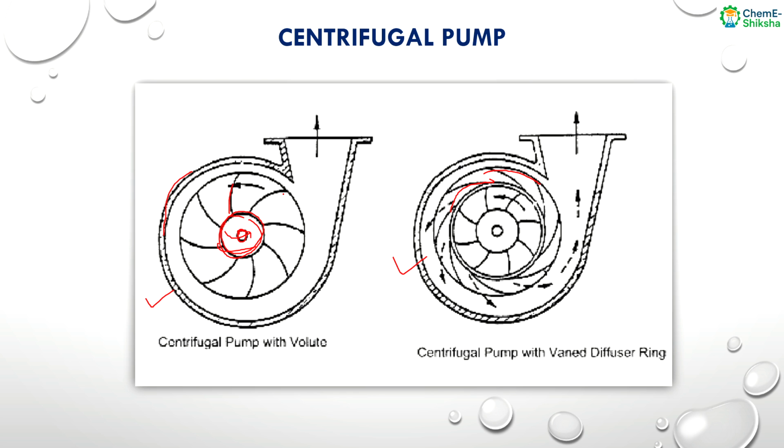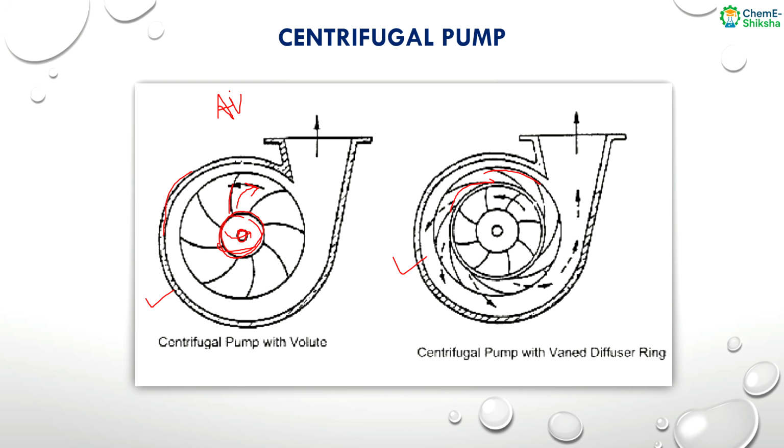So, as we know from the continuity equation, A into V is equal to constant. A is the flow area, and V is the flow velocity. In the direction of flow the area is increasing, so velocity will decrease. As the velocity decreases, the kinetic energy will decrease, and from Bernoulli's principle, as the kinetic energy decreases, pressure energy will increase.